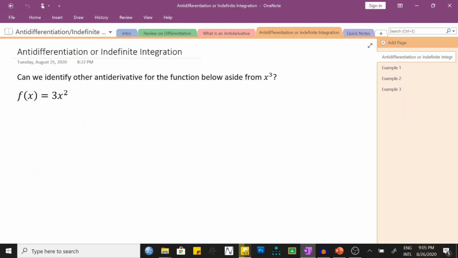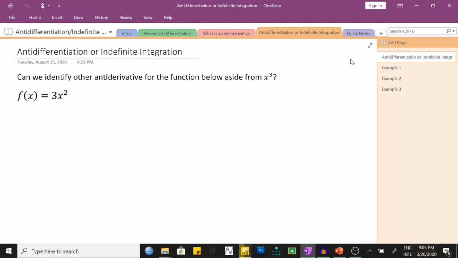But wait, is that all? Is that everything with antiderivatives? The answer is no. My point is illustrated in the following question. Can we identify other antiderivative of the function below aside from x cubed?